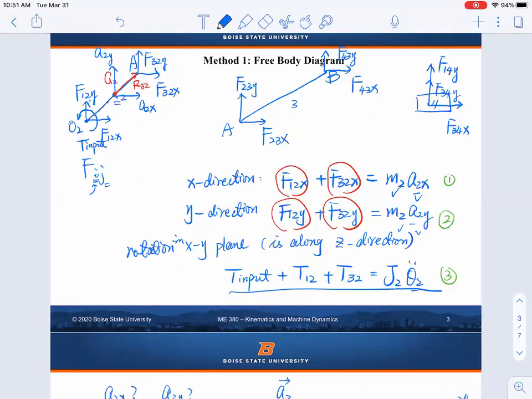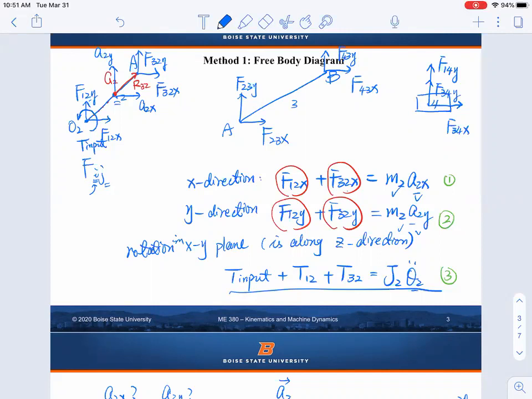Then you have another 3 equations. Make sense? So once you finish deriving equations for one rigid body link, the second link is going to be really easy. You just replace all the subscripts. Then you're going to have another 4 unknowns, 3 equations, okay?